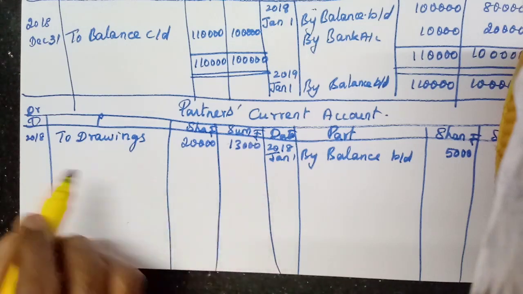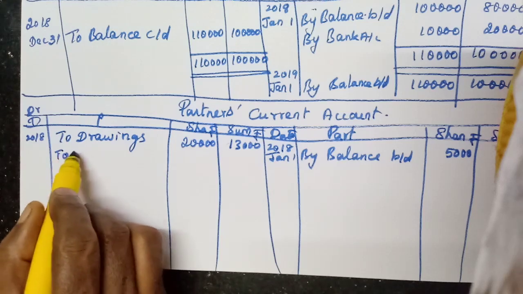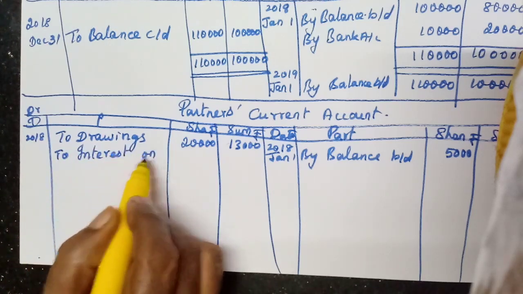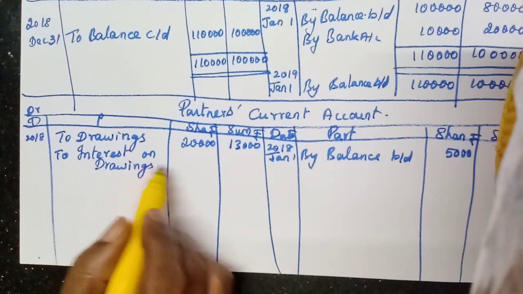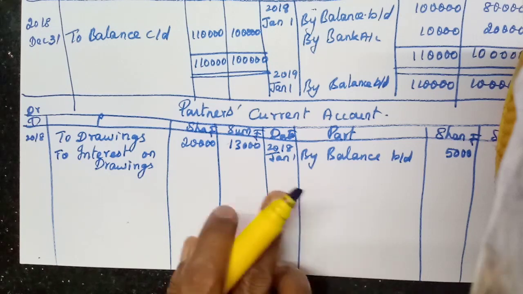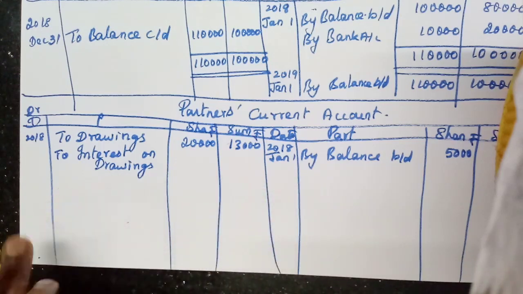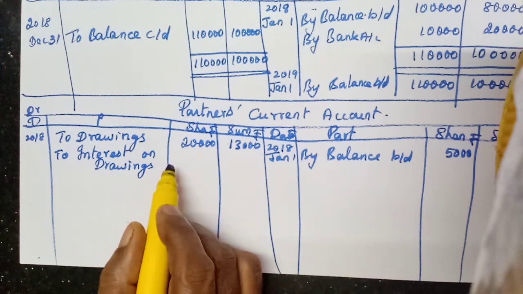Then interest on drawings also reduces their capital, so it must be written on the debit side. If anything increases their capital, it will be on the credit side; if any item decreases their capital, it will be on the debit side. Interest on drawings 500, 300.